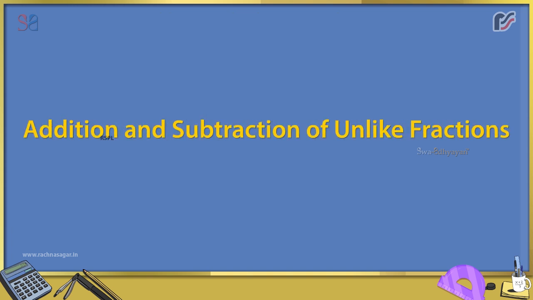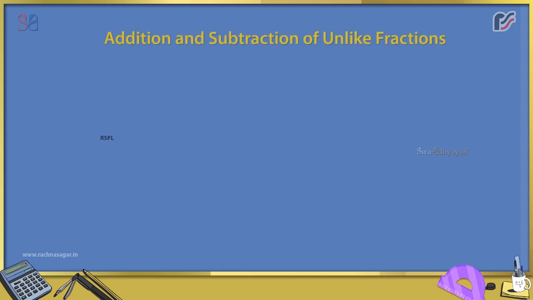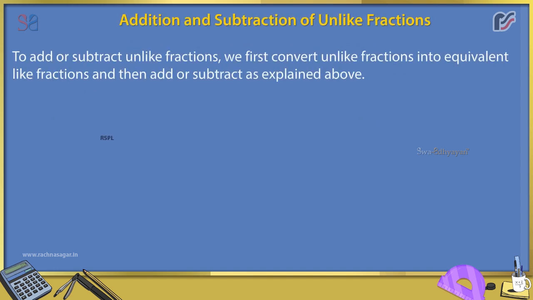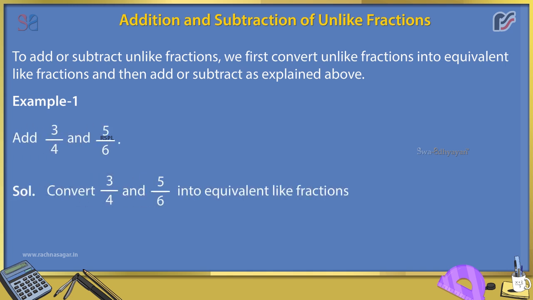Addition and subtraction of unlike fractions. To add or subtract unlike fractions, we first convert unlike fractions into equivalent like fractions and then add or subtract as explained above. Example 1. Add 3/4 and 5/6. Solution: convert 3/4 and 5/6 into equivalent like fractions.